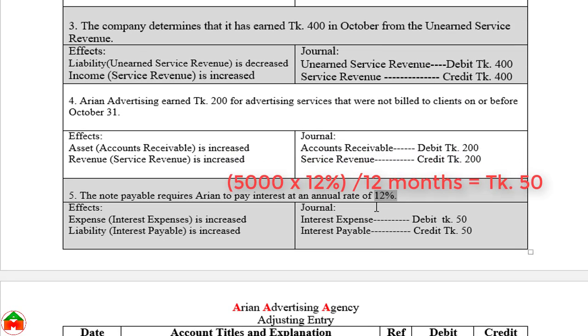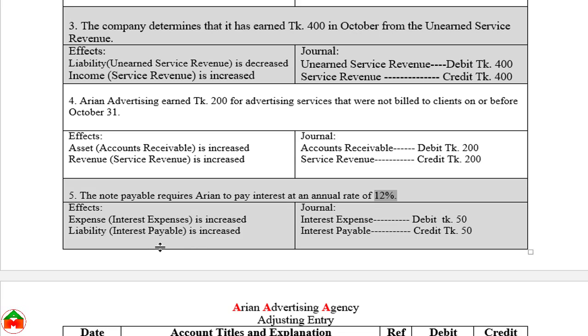So this 600 is for 1 year, but we are preparing the adjusting journal for 1 month, so 1 month interest will be Taka 50. So the effect of the adjusting entry will be expense increased. The name of the expense is interest expense debit, and there will be an increase in liability.